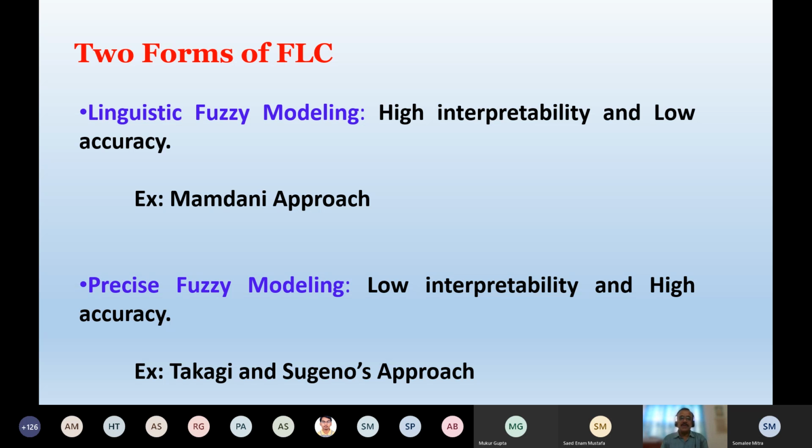Now I'm going to define what we mean by interpretability of a rule. Let me take the same example which I took in the first or second class: temperature and humidity control with the help of an air conditioner in a lecture room.